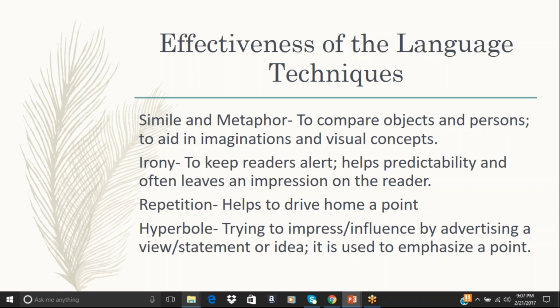So you can actually make a note of this. If you've identified a simile and a metaphor, those are effective as they help to compare objects and persons and aid in imagination and visual concepts. The irony helps to keep readers alert. It helps predictability and often leaves an impression on the reader.